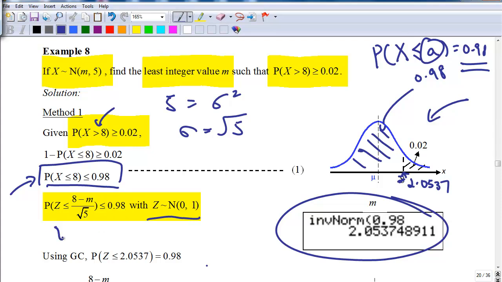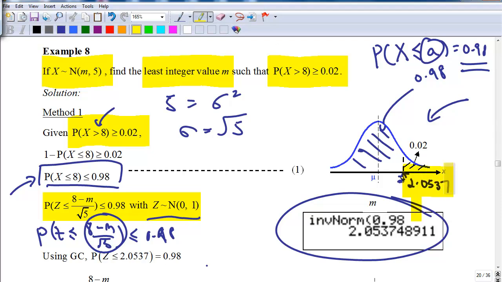I have probability Z less than or equals to some number here. This number is 8 minus m over root 5, and I will have it less than 0.98. Then this number must be a number to the left of 2.0537.